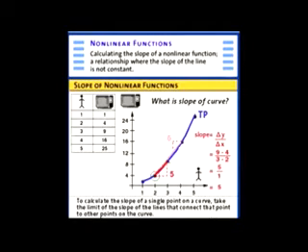Eventually what happens is if we let the point that we're looking at get closer and closer to our original point, we're going to come up with a line that has a slope equal to the slope of the blue curve itself.